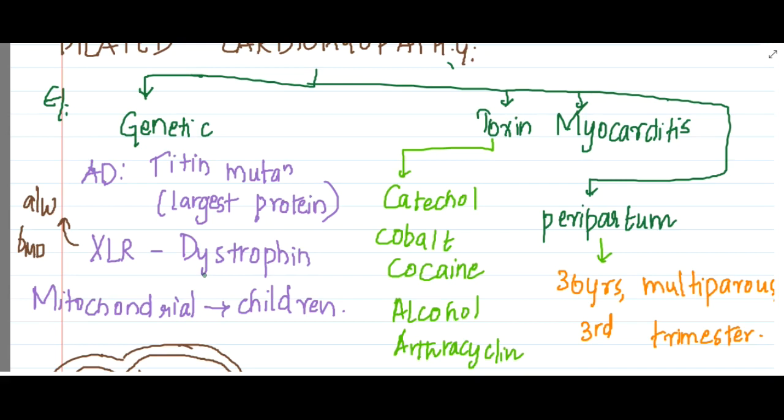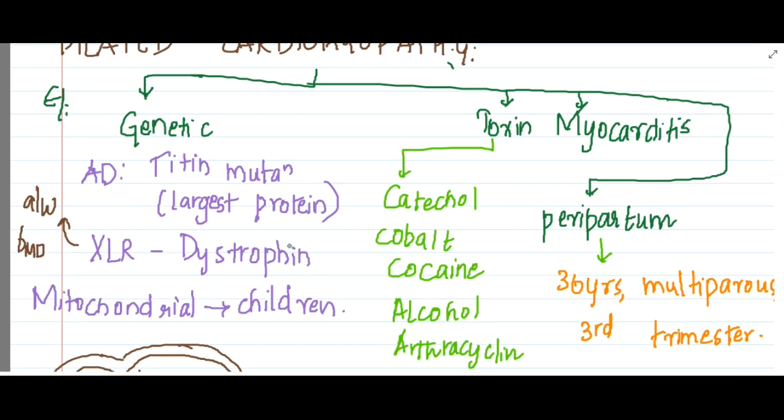These mitochondrial defects are most commonly seen in children, the pediatric age group. And there is X-linked recessive dilated cardiomyopathy, associated with the dystrophin protein, mainly occurring in puberty or early adulthood.